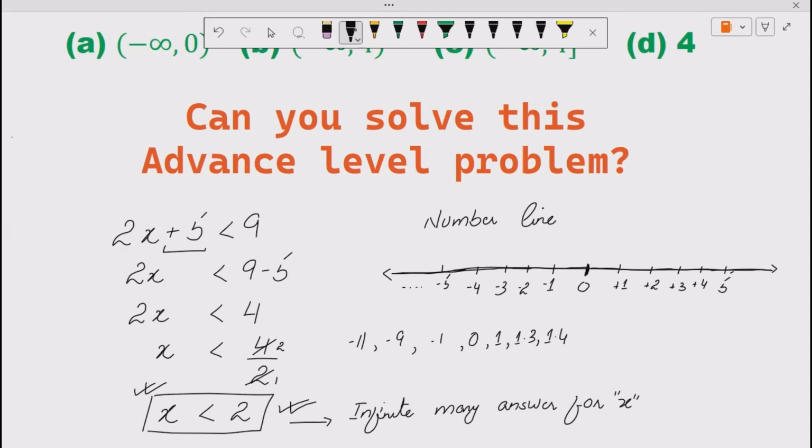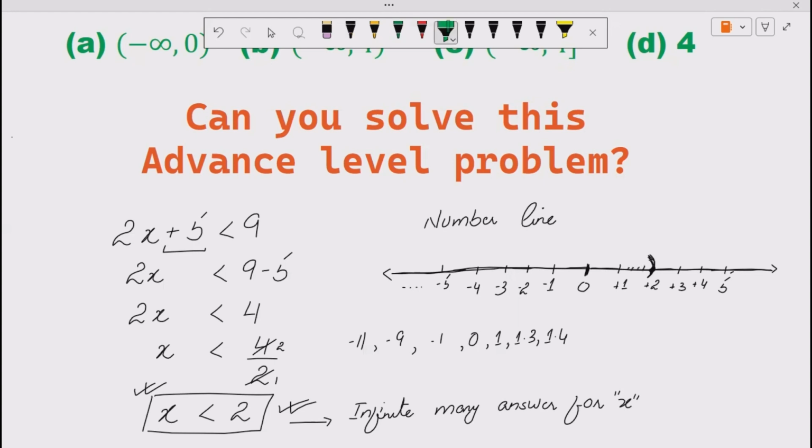So in this number line, you can see that x less than 2 means we start with 2. I am marking this round bracket at 2. This round bracket tells us in mathematics that 2 is not involved. Things start from 2, but 2 is not involved, right? So 2 and this whole line.